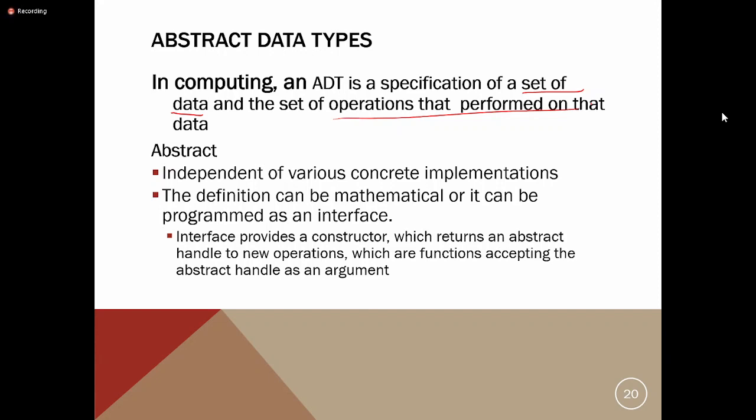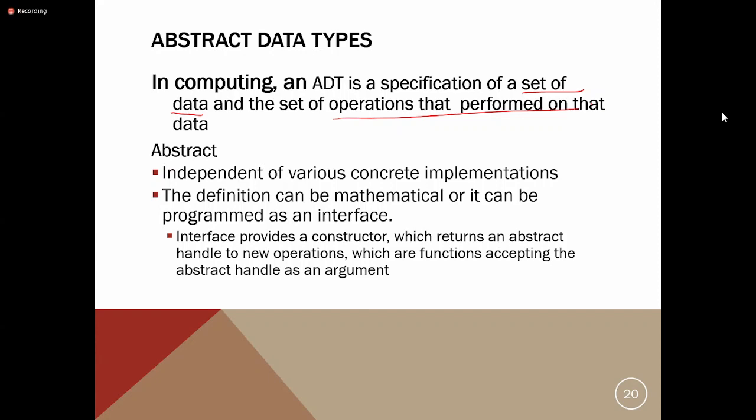An interface provides a constructor which returns an abstract handle to new operations. You will learn what this means while we are doing the practical session. Like we can have an interface that just describes what should happen inside this data structure, right?